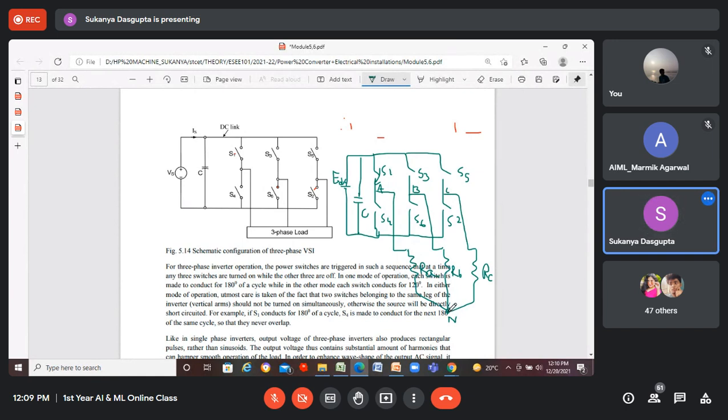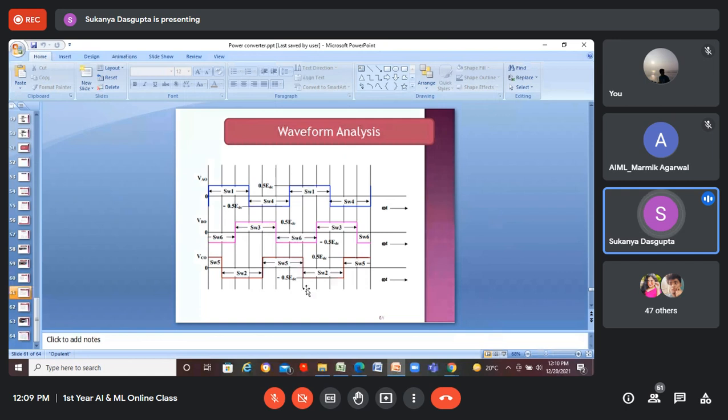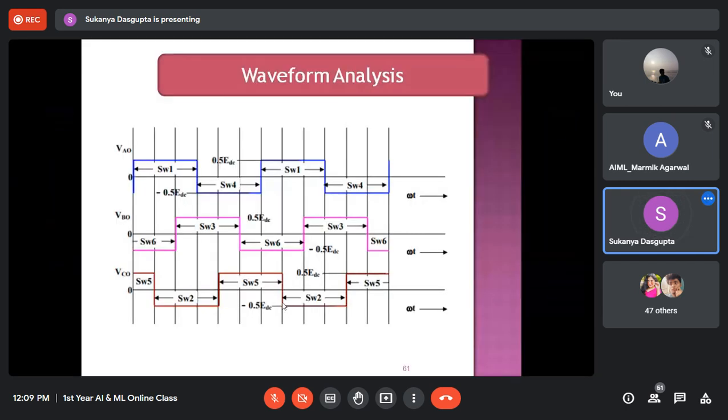Now again, the current can flow through this RB and RC following the path S6 and S5 for the first 60-degree interval, because for the first 60-degree S1 is working, right? And as per the timing diagram, S5 is also working. Why?